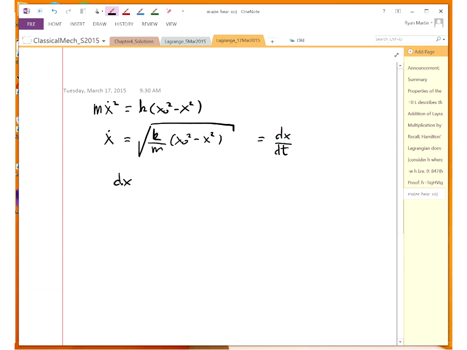And so I can write that dx over that square root, k over m x naught squared minus x squared, that integral is equal to, well, let's call the period t.